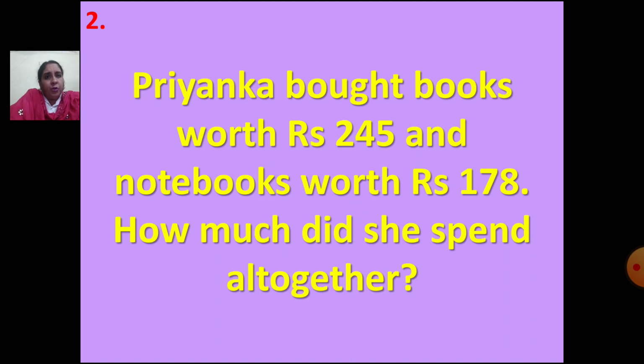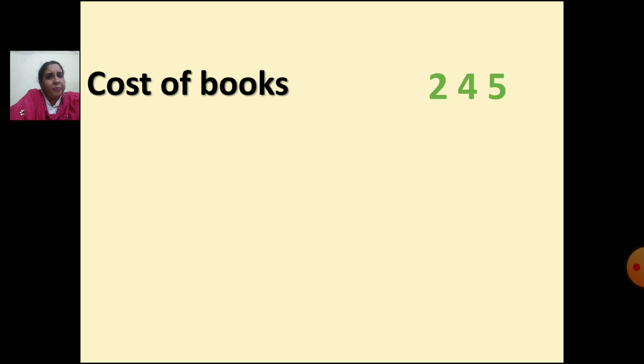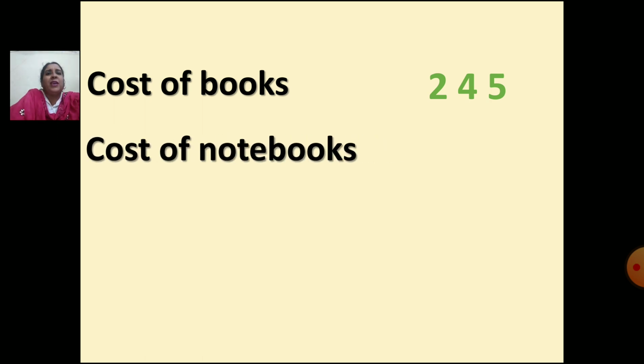Now we are going to write first statement. So your first statement is what? Yes, cost of books. What is the cost of books? Yes, equal to, you will write 245. Cost of books is 245. Now we will write second statement. Cost of notebooks. Very good.